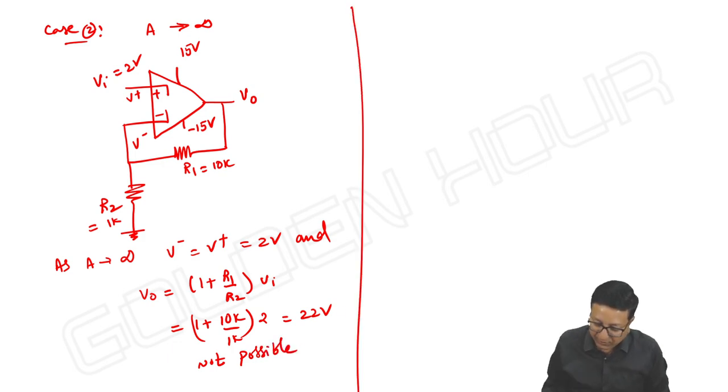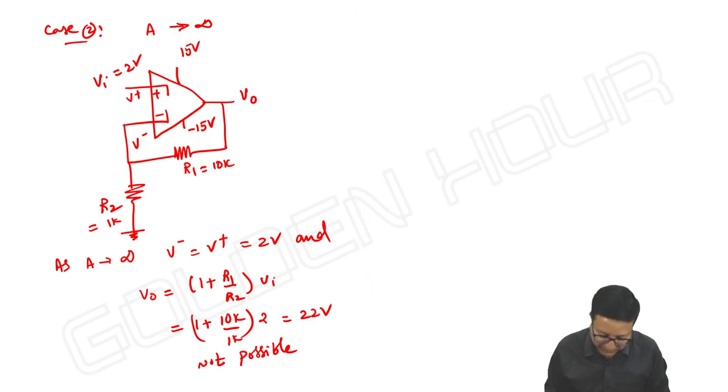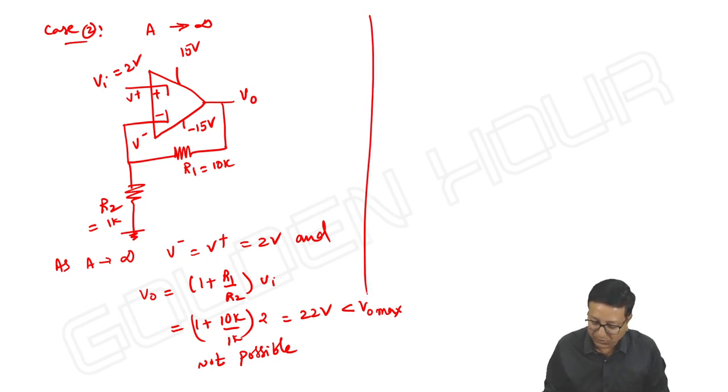Not possible means, V output is less than V output maximum, so what is possible? V output is equal to plus 15 volts. This is the maximum possible value.